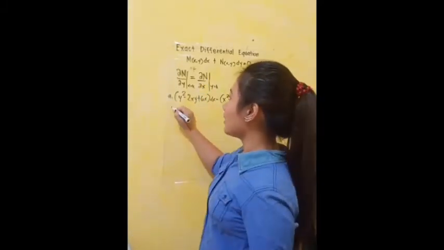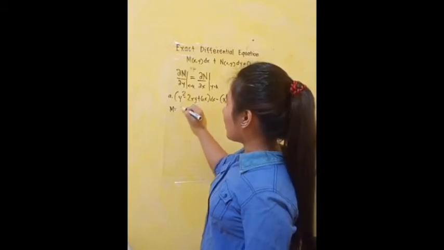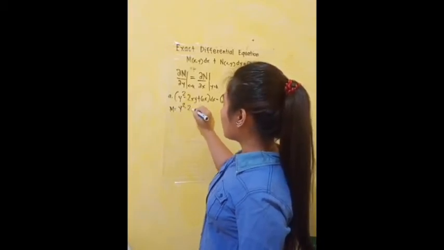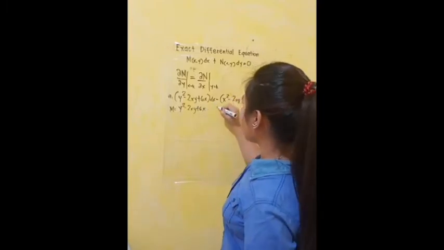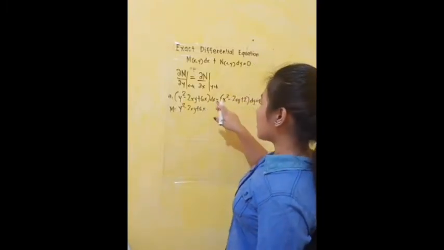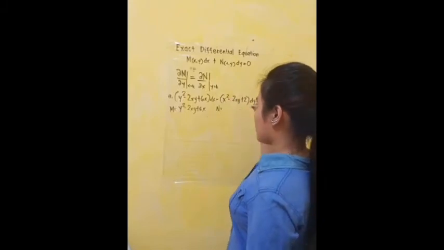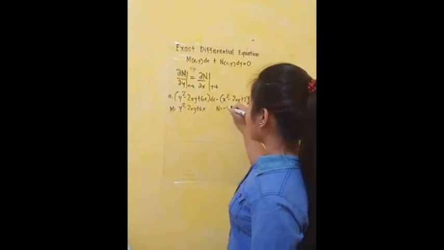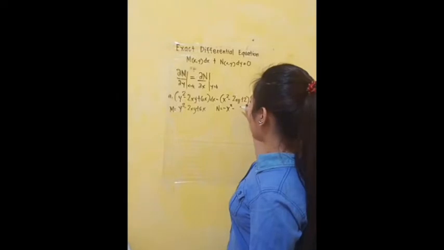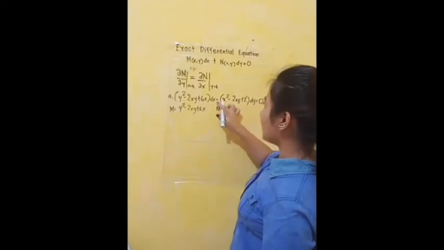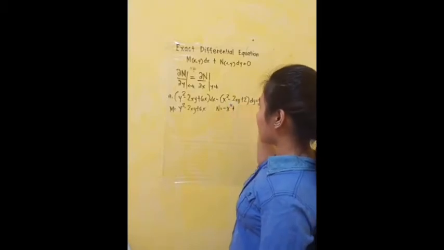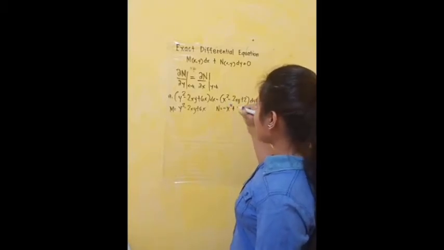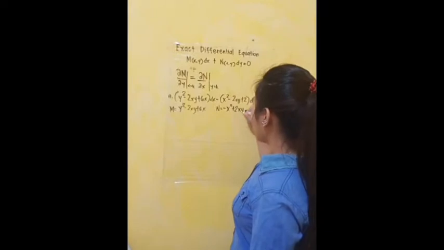So, dito, ang M natin ay ito, y squared minus 2xy plus 6x. Tapos, ang N naman natin ay ito, isasama natin itong negative kasi kasama siya dyan sa equation. Negative x squared minus, so ayan, negative pala. So, i-distribute na rin natin, kaya magiging positive na rin siya kasi negative times negative is equals to positive. So, positive 2xy, negative 2.